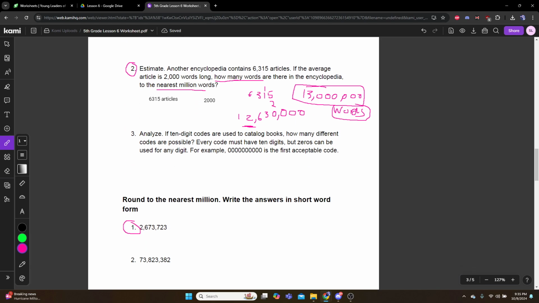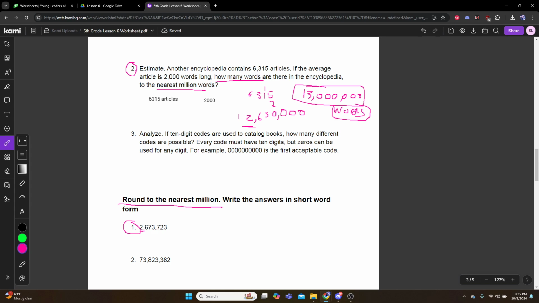Okay, now we're rounding to the nearest million. Write the answers in short word form. So the first part of the question is to round to the nearest million. So here we'll identify where the millions place is, in which we could tell that the hundreds, thousands, then the millions here. So the million would be the 2 in this case, and then if we look at the number that comes after 2, it's 6.